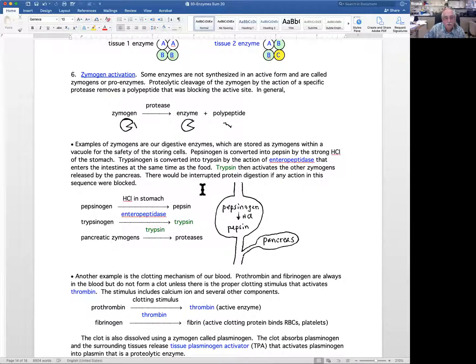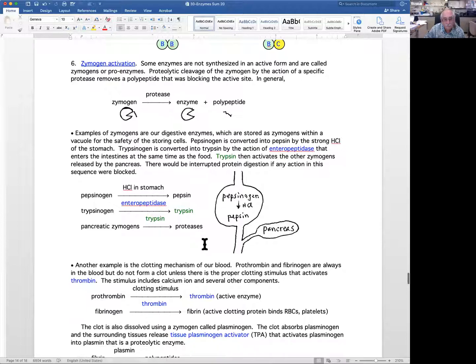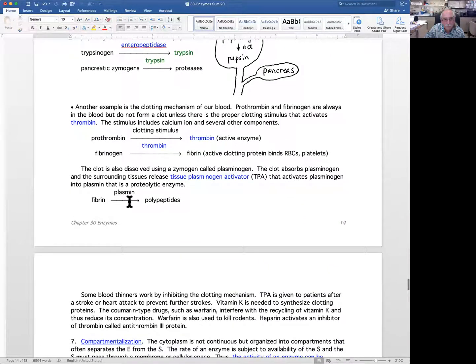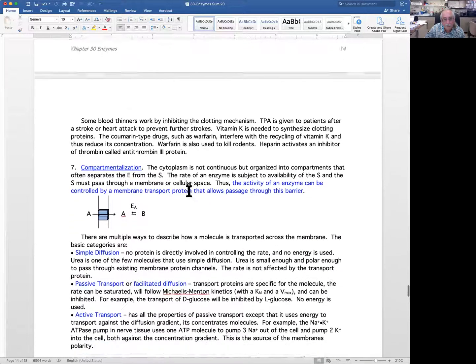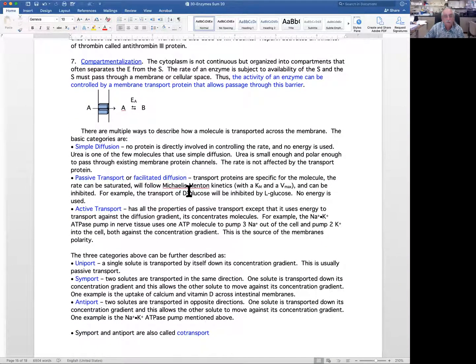So that's why they're stored in inactive forms. Same thing with this over here.